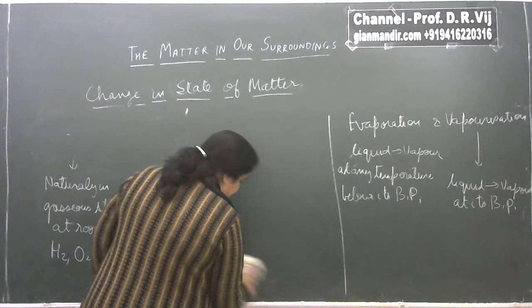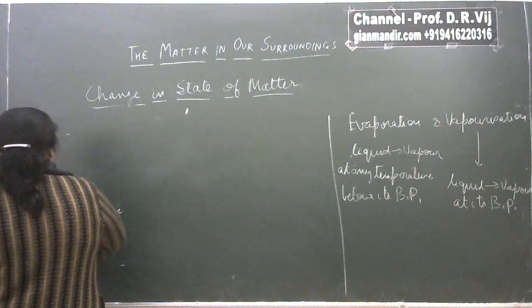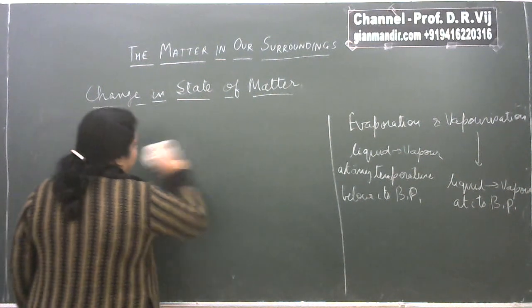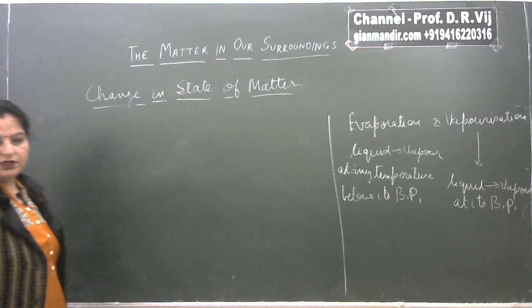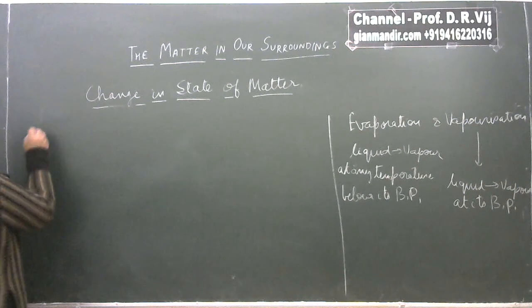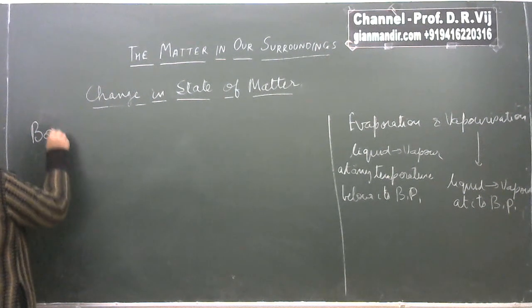Now there is another question, what is then boiling point? Let's see what boiling point is. If I ask you what is boiling point, of course you will say the temperature at which a liquid starts boiling is known as boiling point.